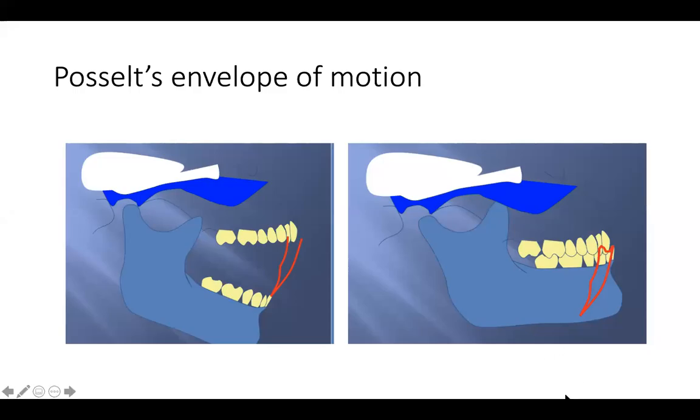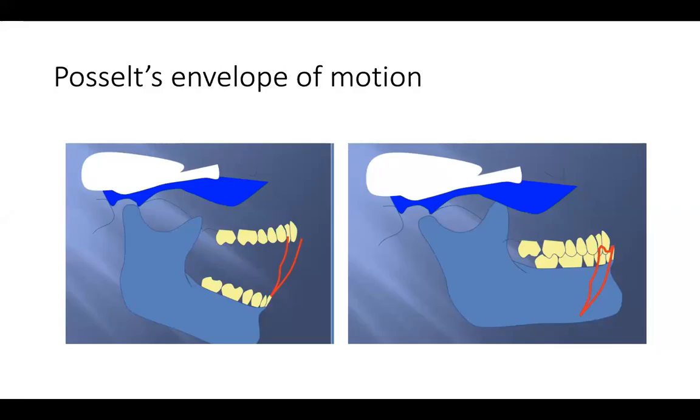So in this way, we can say that when the mandible partly opens, the condyle, which is here in the mandibular fossa, slightly moves or rotates. But when there is maximum protrusion, it glides downwards against the articular eminence.